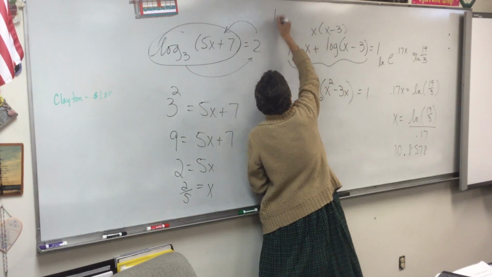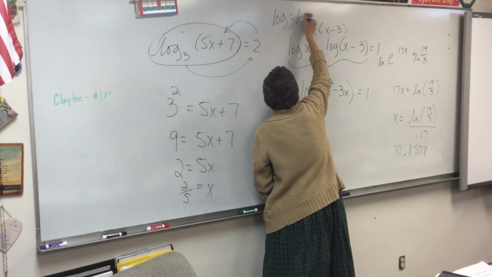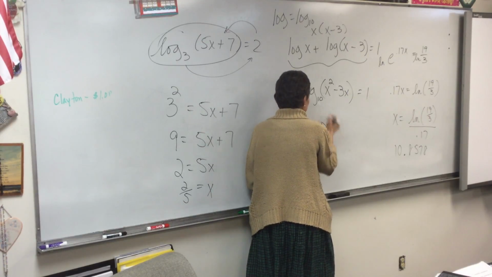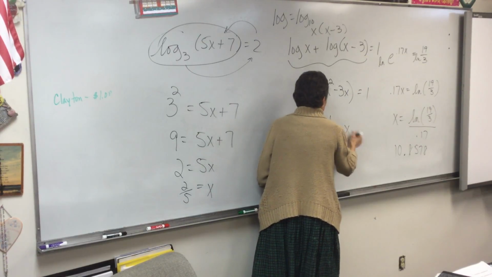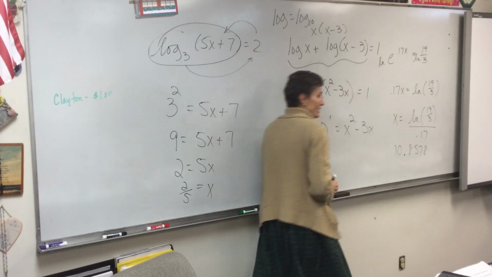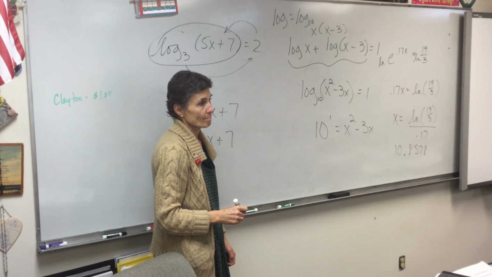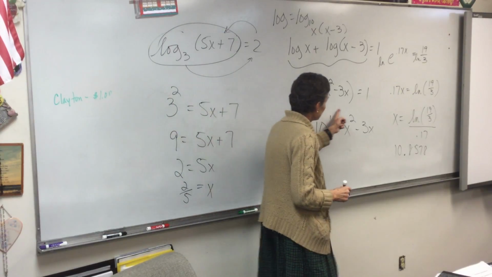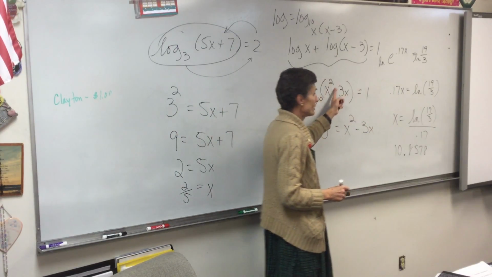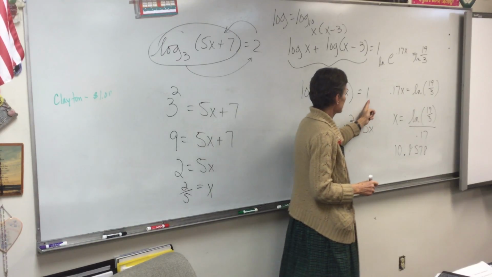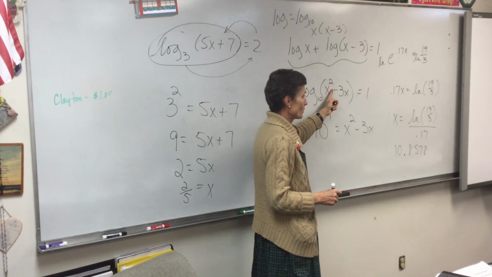LOG means base 10, right? So we're going to say 10 to the first equals x squared minus 3x.